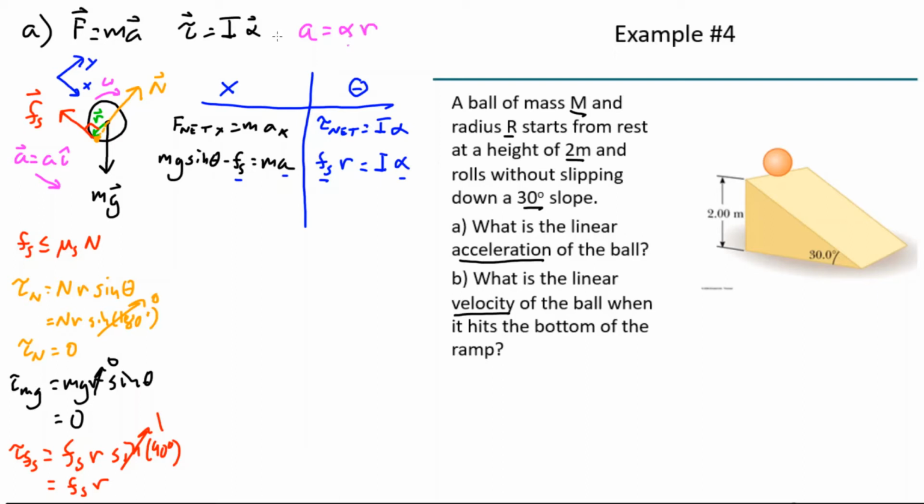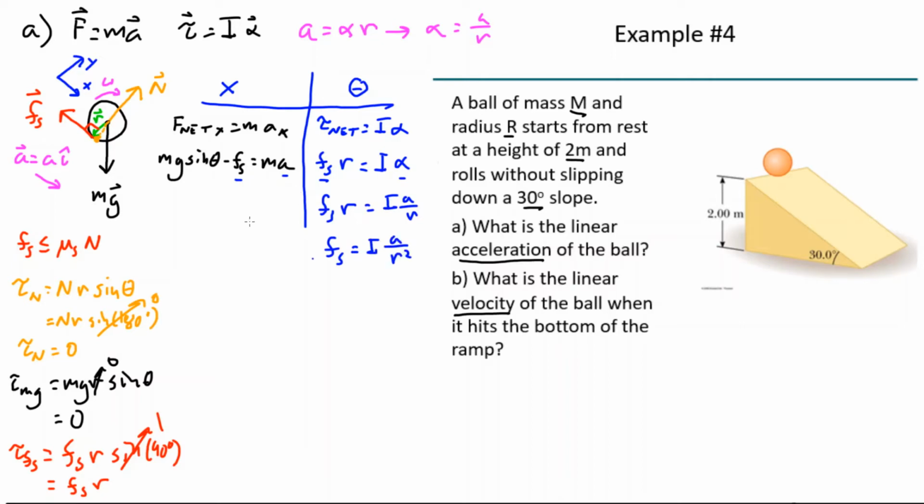We want to find A, so what I'm going to do is go ahead and write this as alpha equals A over r. And then we can write this torque equation as Fs times r equals I A over r. Can solve this for Fs. Fs equals I A over r squared.